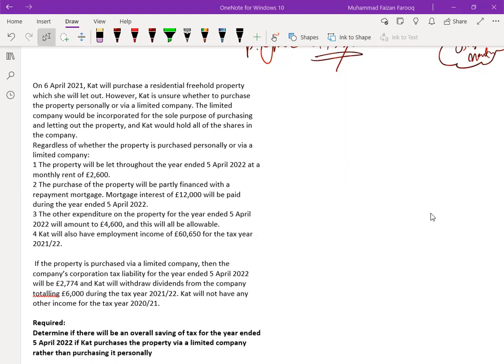Second, calculate the tax if you are not acquiring the property directly, but a company is acquiring it and you are the 100% shareholder in that company. You have to calculate income tax implications for both scenarios, compare them, and tell which scenario is most beneficial or saves more tax. That's what the requirement means. Got it?